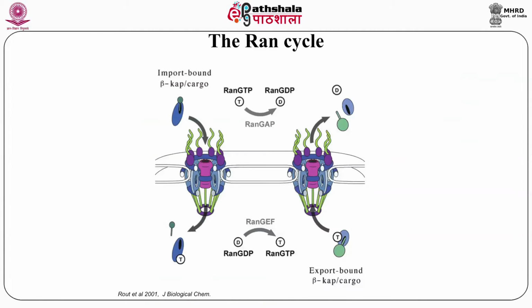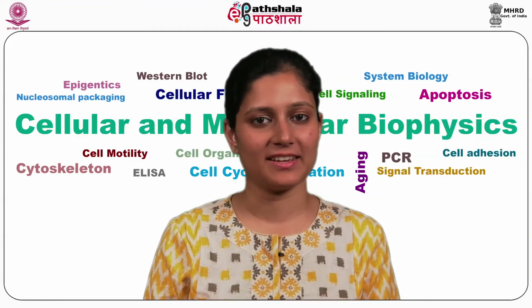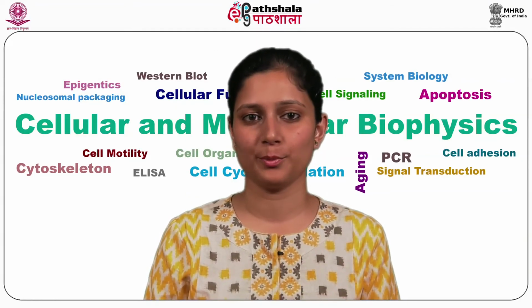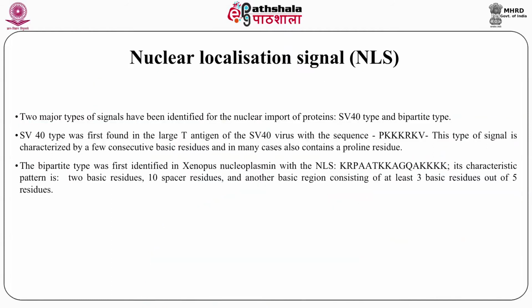A number of proteins and other raw materials of various sizes and dimensions are imported into the nucleus, as the nucleus does not possess the function of translation machinery, that is, protein synthesis. Two major types of signals have been identified for the nuclear import of proteins: SV40 type and bipartite type. SV40 type was first found in the large T antigen of the SV40 virus.